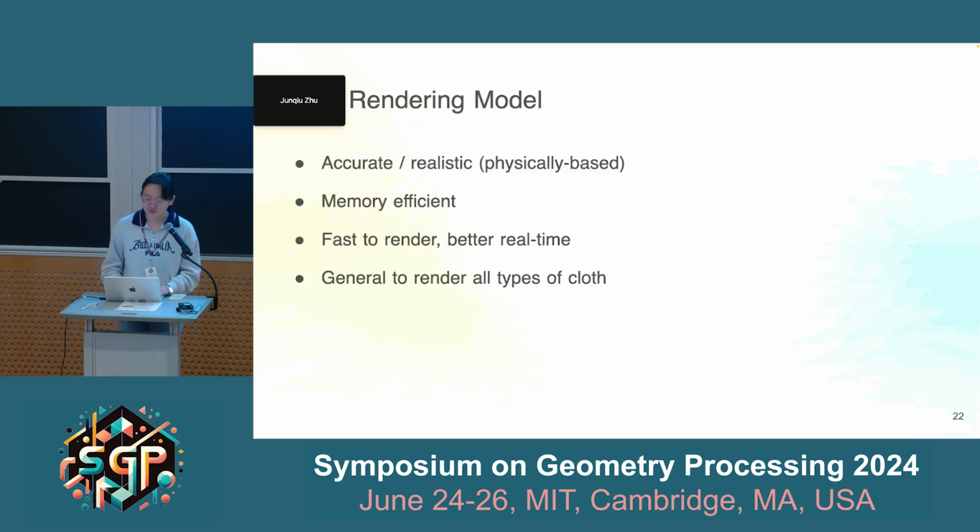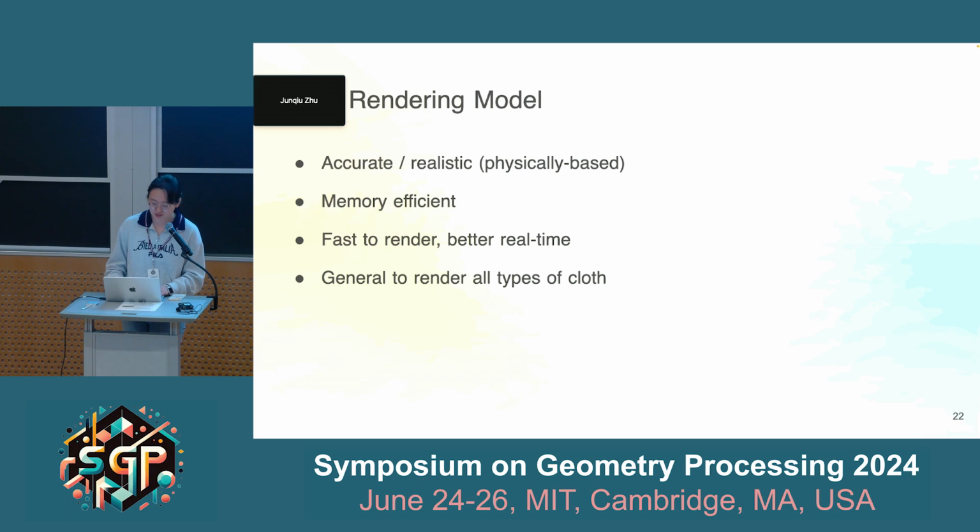And an ideal rendering model needs to meet several requirements. First, we need it to be accurate and realistic. We want it to be physically based and as real as photos. Second, we hope it is fast in rendering and efficient in memory. And also, it should be general enough to include both woven and knitted cloth.